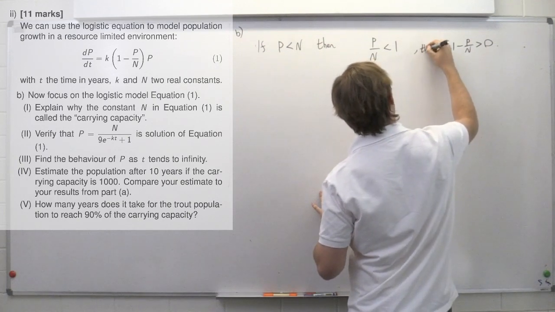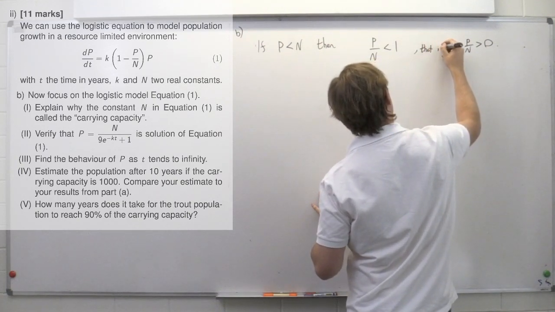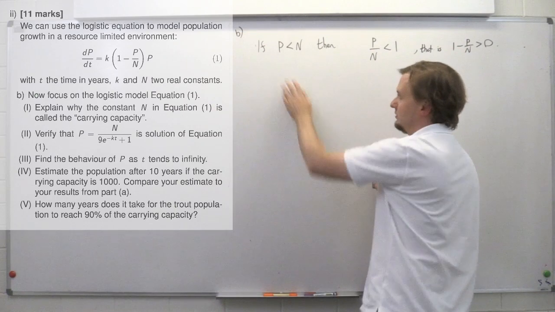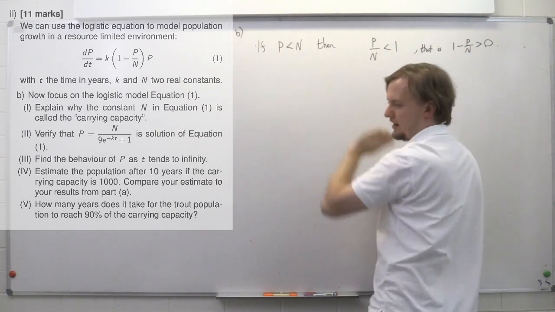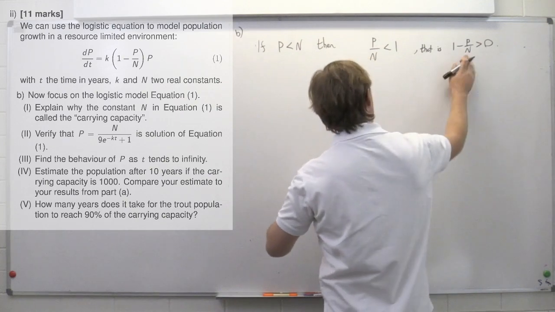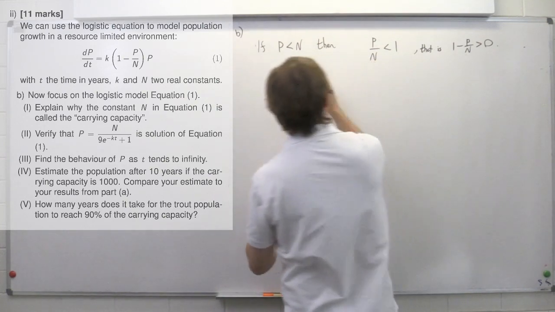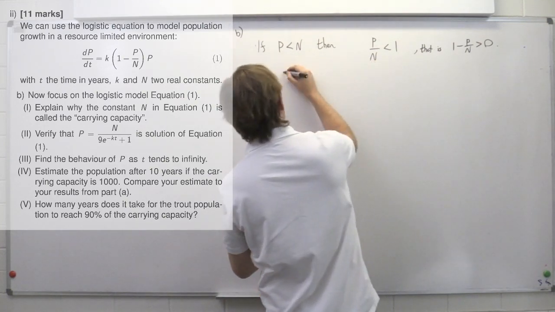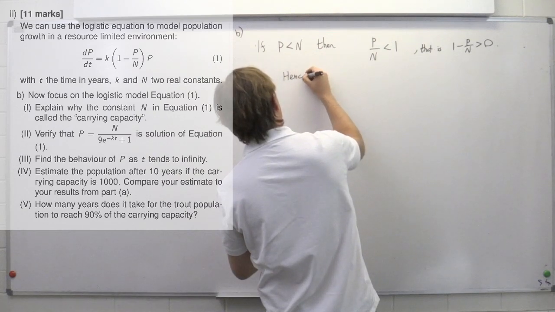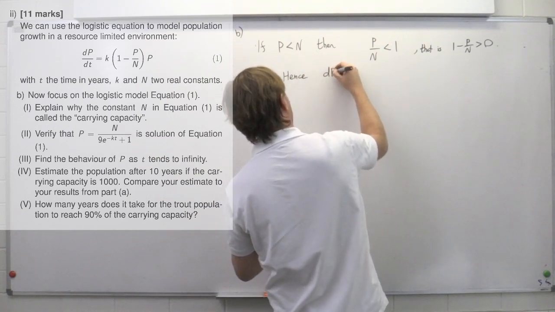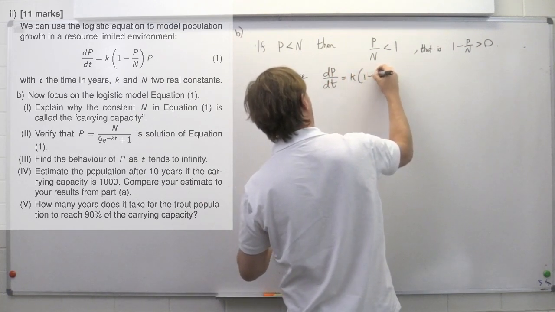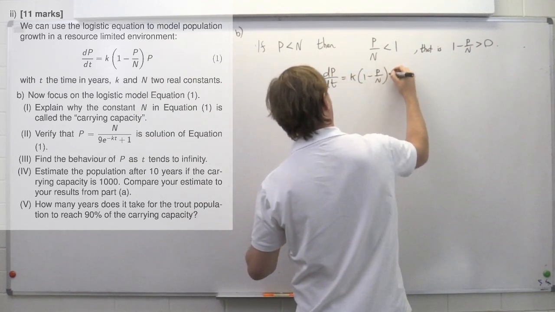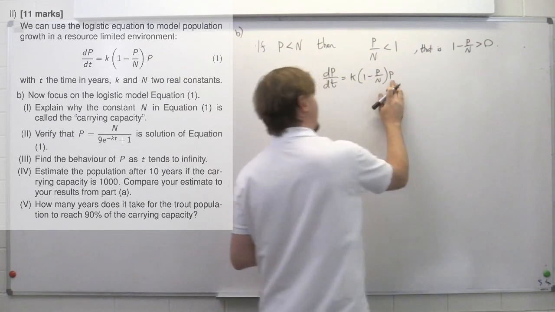So that means if I'm at a population level below this parameter n, the so-called carrying capacity, this term will be positive. So what I see is that the rate of change, dp dt, which is k times 1 minus p over n times p, well, population is positive.